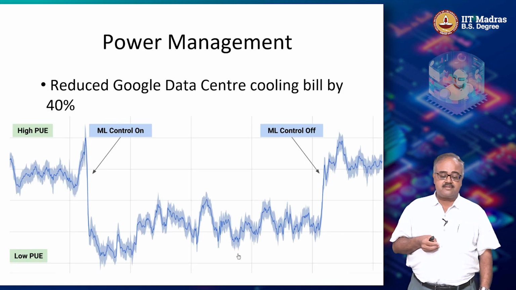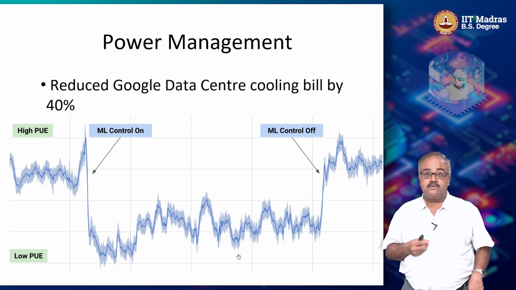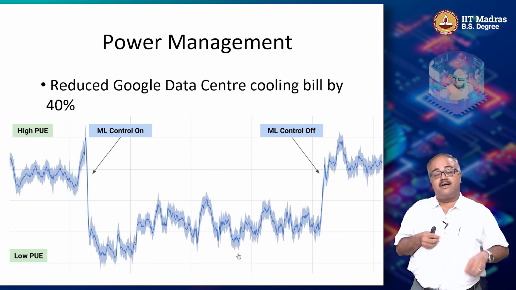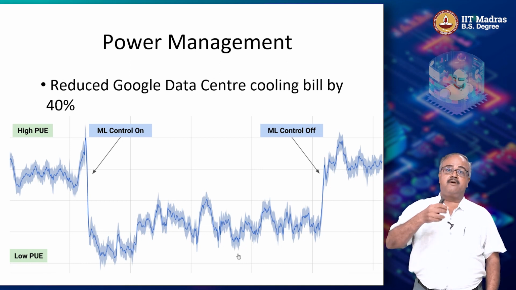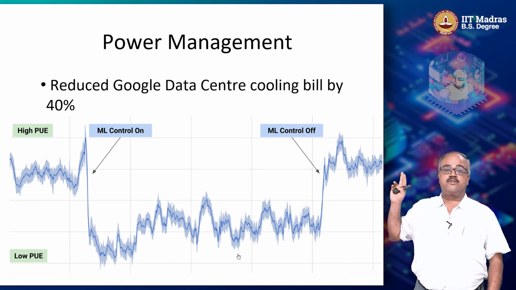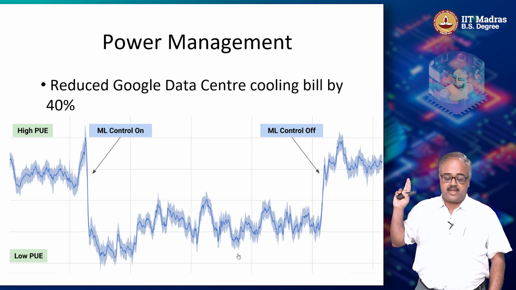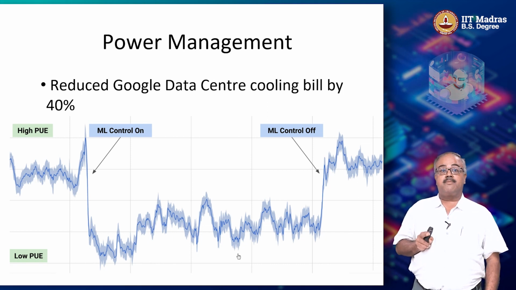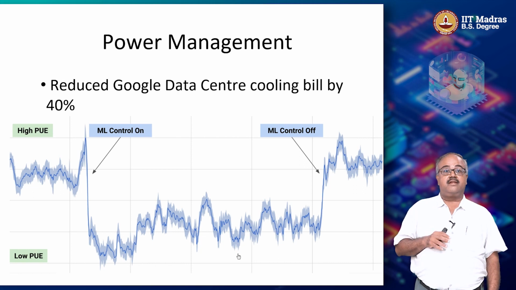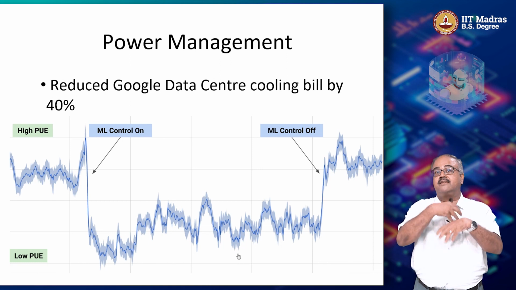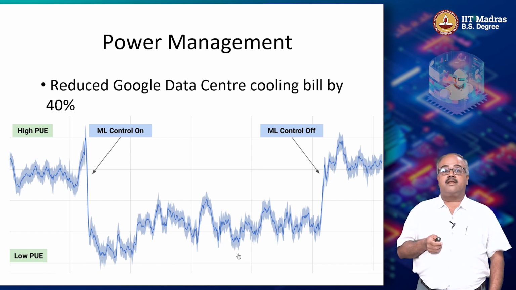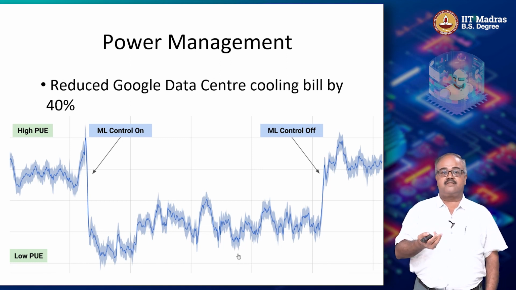One example is when Google decided to take the same AlphaGo-like engine and try to get it to help improve their cooling efficiency. As you can see from the figure, it reduced Google's data center cooling bill by about 40%. This is non-trivial, because Google data centers take as much power as a small city, and if you can reduce that by 40%, it's an amazing thing.